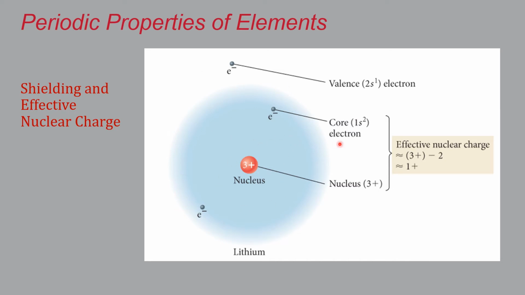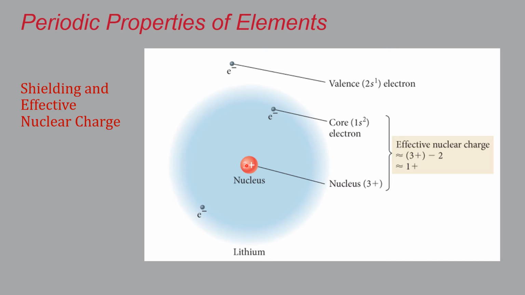Now, I think I've thrown this word out before, but we'll say it again. The outermost electrons grouped together are called valence electrons, and the ones inside are called the core electrons. Since these electrons are closer to the nucleus than that 2s electron is, they shield this electron from seeing the full-on +3 charge of the nucleus.